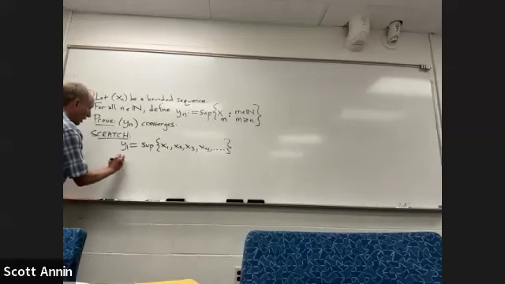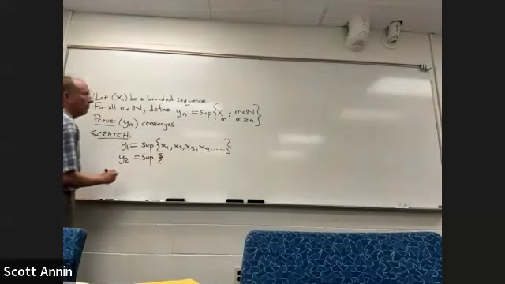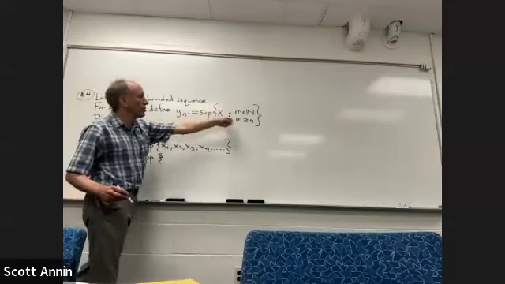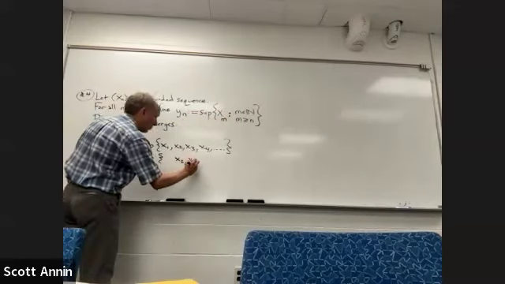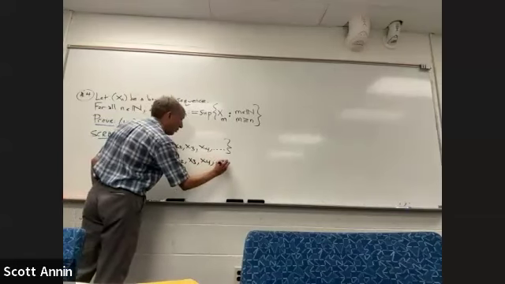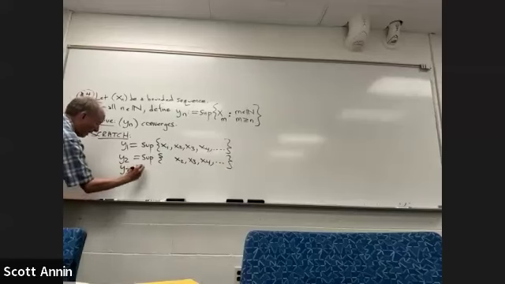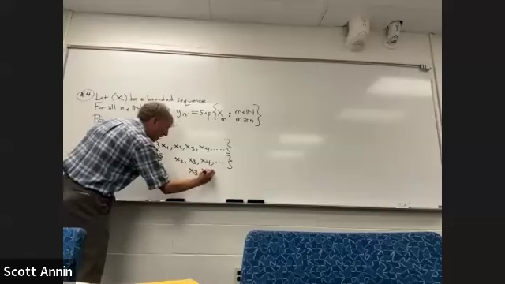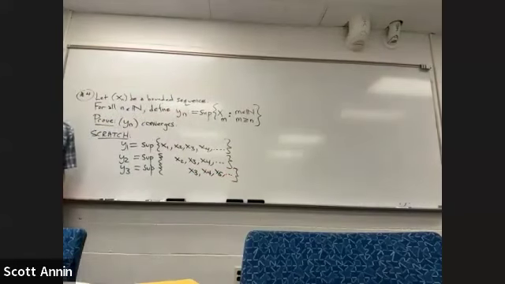Okay, and what is y2? y2 would be the supremum of, so now n is 2, the set of all the x's starting with x2. So that would be x2, x3, x4, and so on. And one more, y3, that would be just the supremum of x3, x4, x5, and so on.